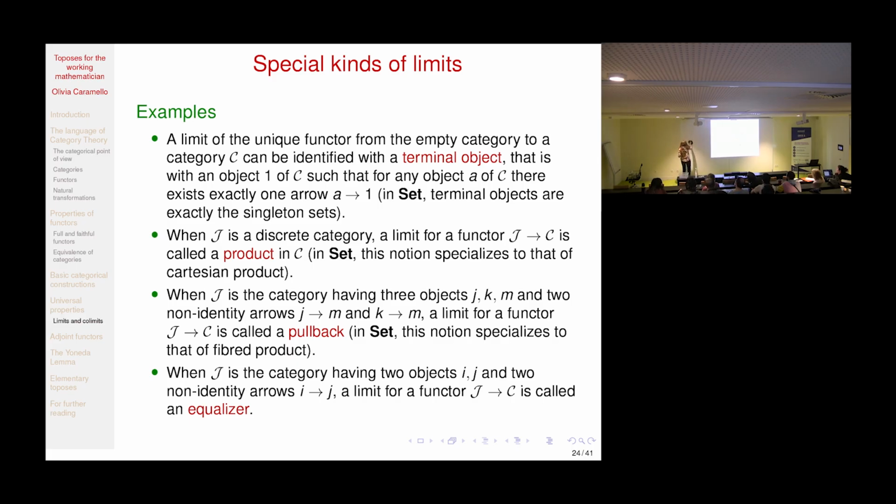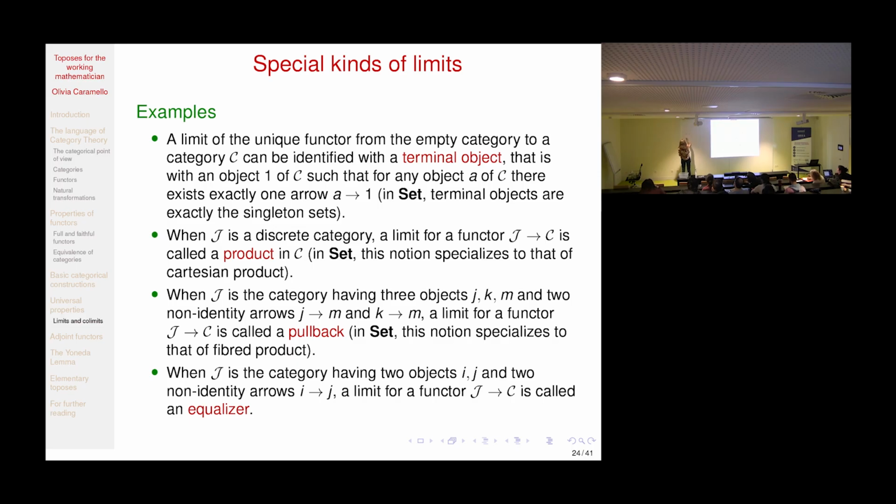So I would like in particular to discuss the notion of co-equalizer, because we are going to use it to construct arbitrary colimits in the category of sets. So it's good to start familiarizing with it. So co-equalizer is the dual of the notion of equalizer.